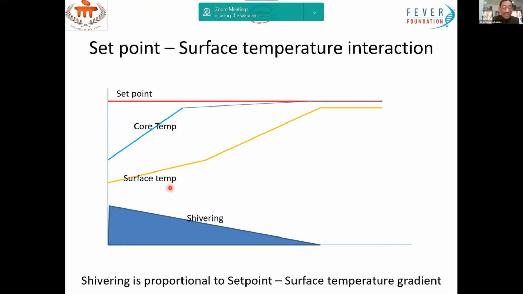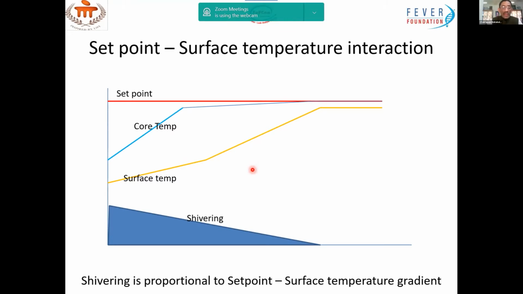Mainly by shivering and all other available physiological mechanisms through which heat is generated. Shivering is very bothersome for the patient and also for the metabolic system. The core temperature goes up first, then the surface temperature gradually goes up to catch up with that set point. And once the set point is reached, the shivering comes down.